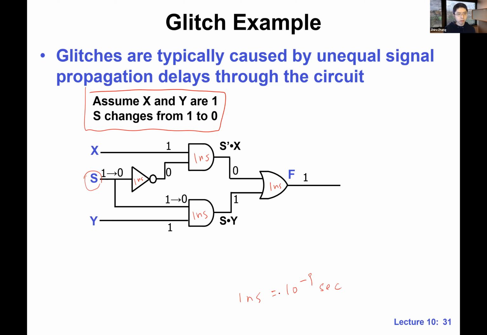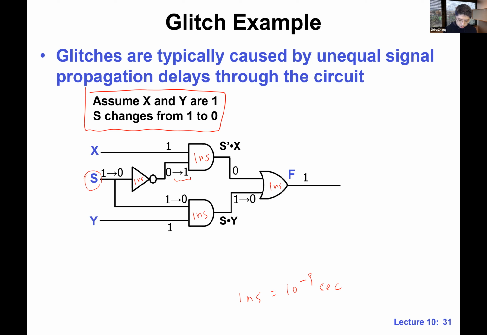Initially S is 1, and then it changes to 0. So what's going to be the output? Let's look at some intermediate signals. What will be the value of those intermediate signals in the next nanosecond? For this inverter, of course, it's going to make a transition from 0 to 1.